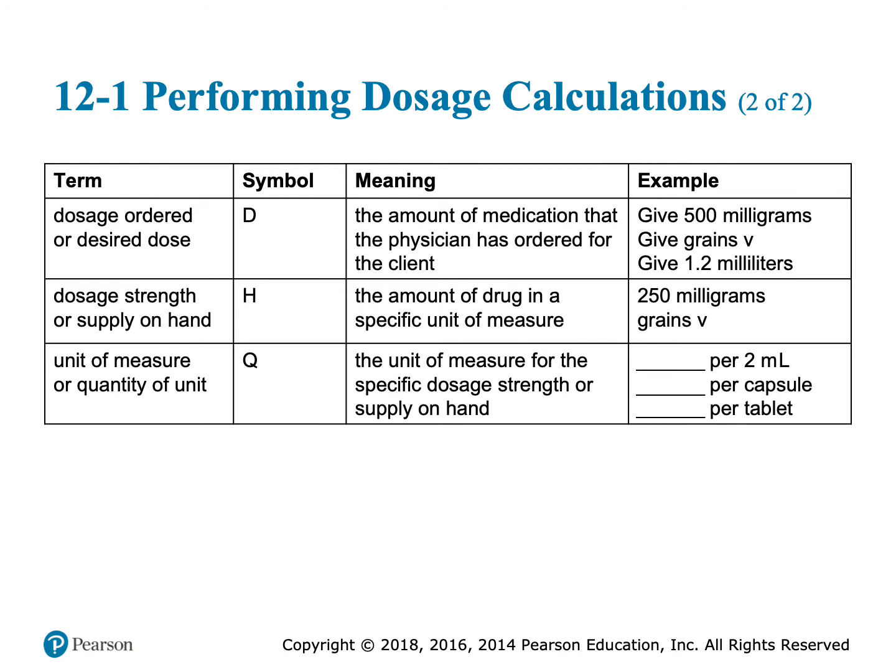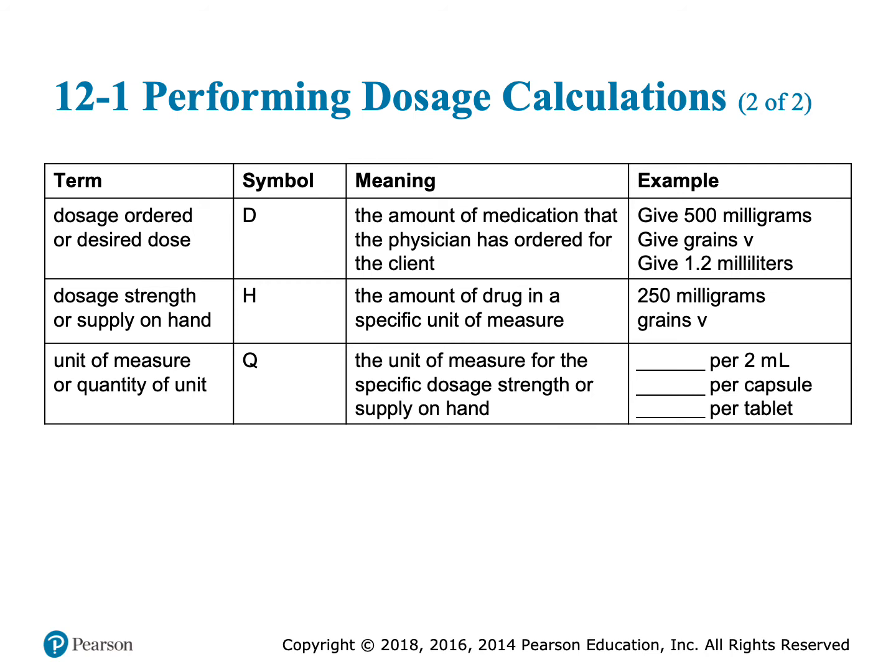So remember that D is the dosage ordered or the desired dose. The meaning of this is that it's the amount of medication that the physician has ordered for the patient. And an example could be give 500 milligrams. The dosage strength or supply on hand, or what we have, is going to be represented by the symbol H, and that is the amount of drug in a specific unit of measure, and you may see it written as 25 milligrams per 5 grains, or grains 5.